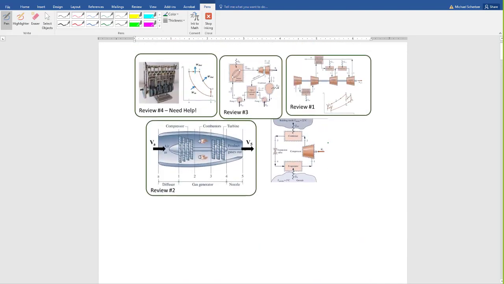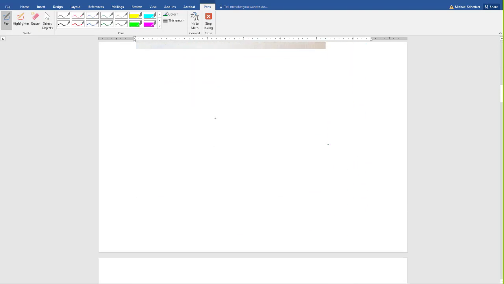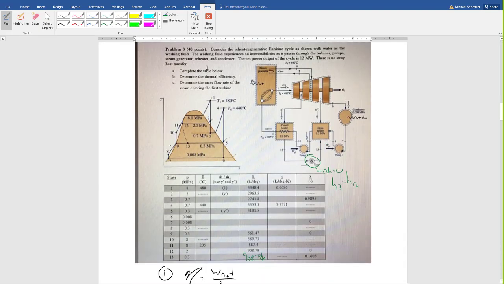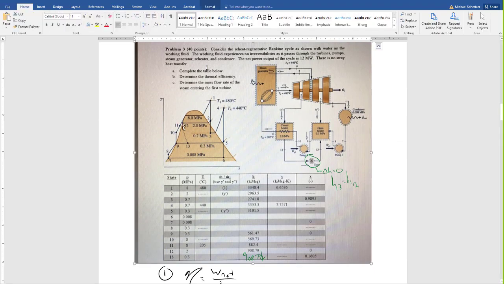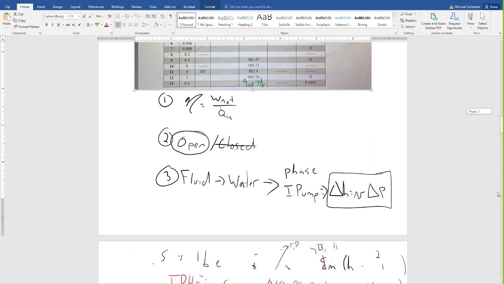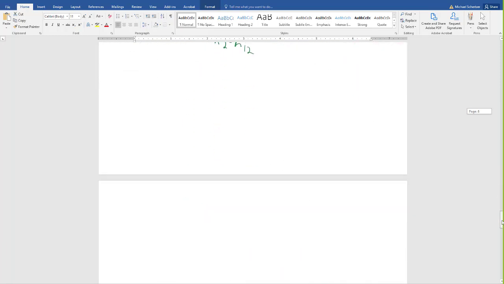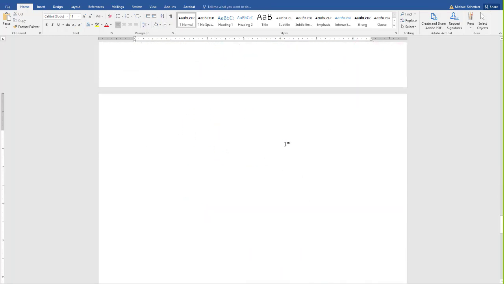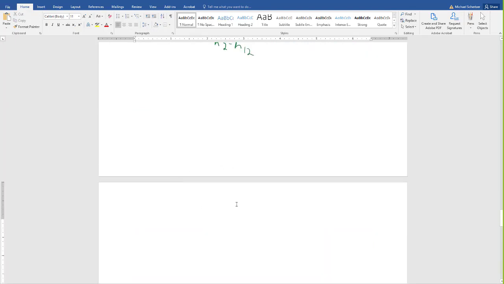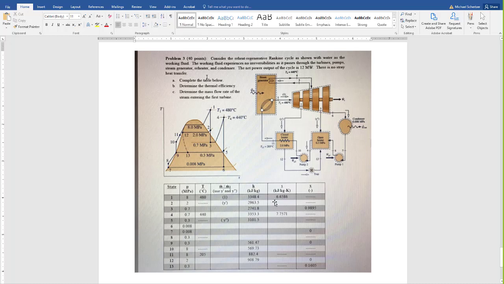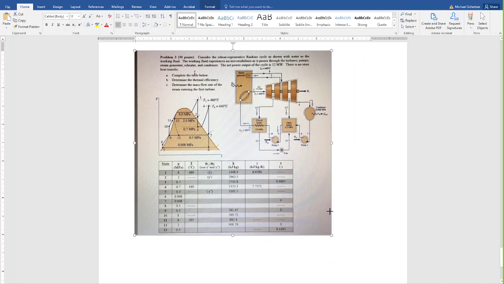So let's get back to, oh, I guess I copied that there. Let's see what we know and what we don't know. So the ones we really want are 6, 7, and 8, I think is what we said.